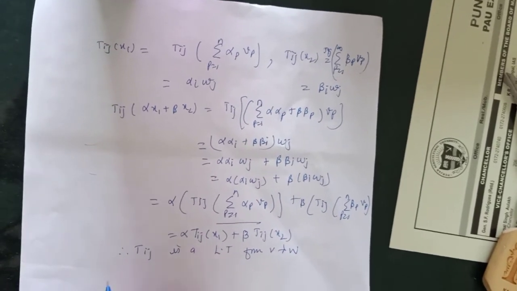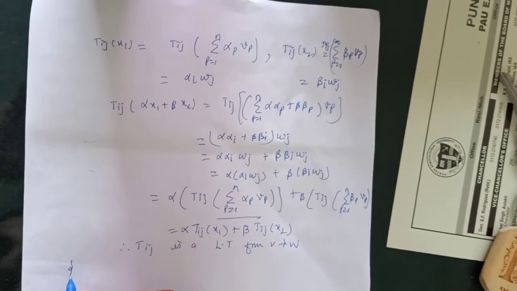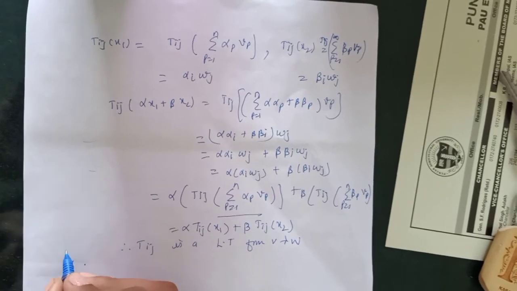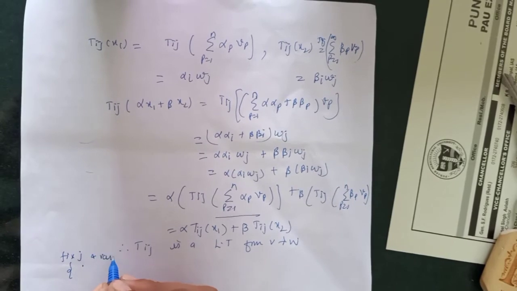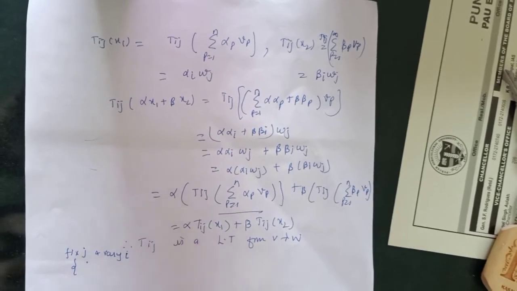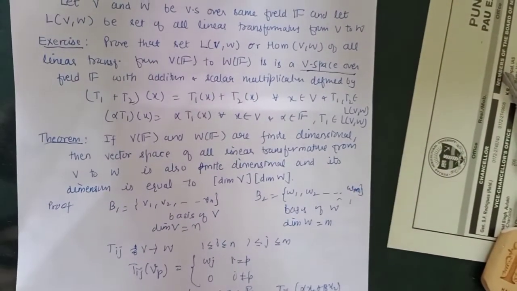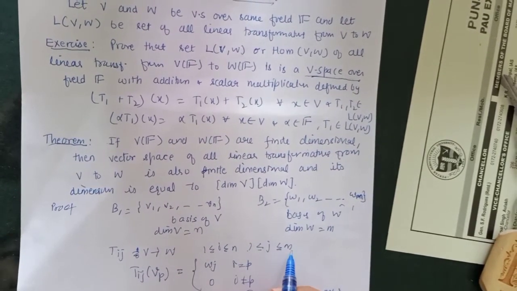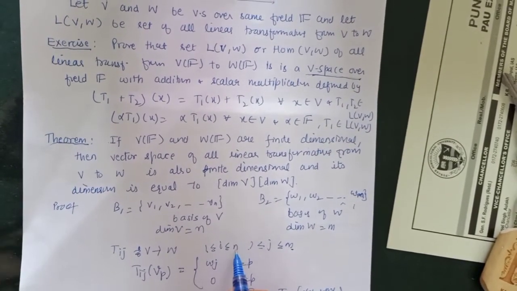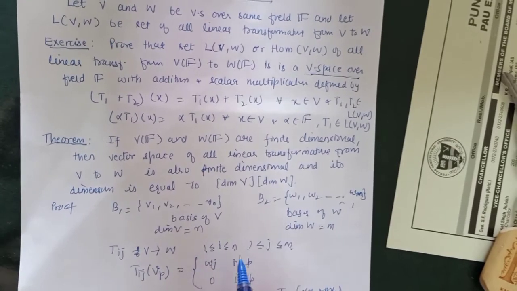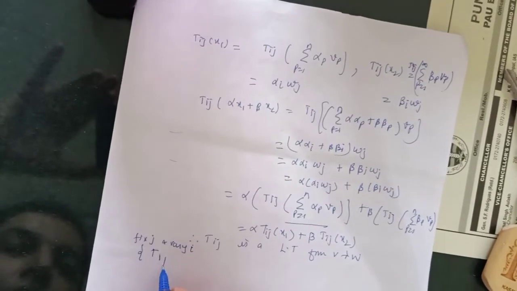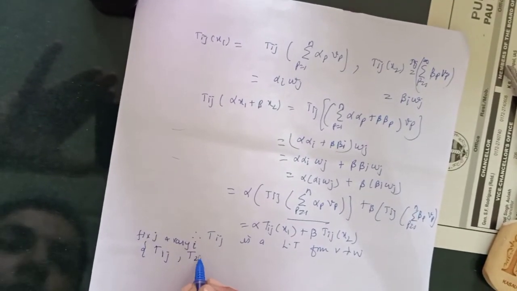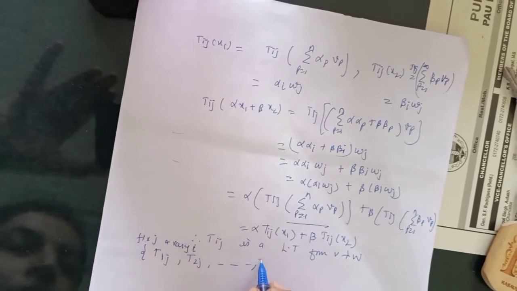Now we have to prove something. We are actually fixing j and varying i. Can you observe what these j's and i's were? j's are from 1 to m here, and i's are from 1 to n. So fixing j, varying i, how many elements would we obtain? We will obtain n elements like T1j, T2j up to Tnj.